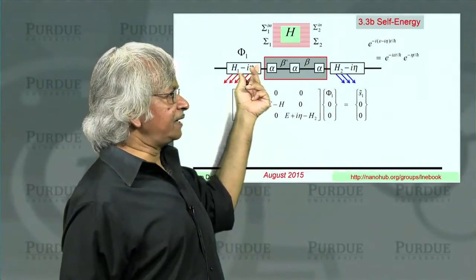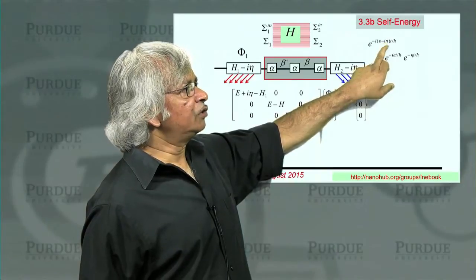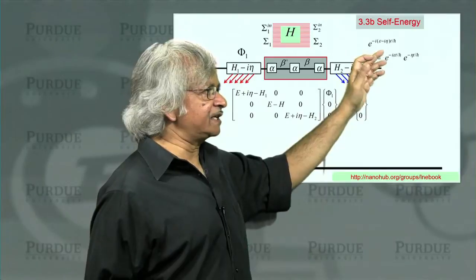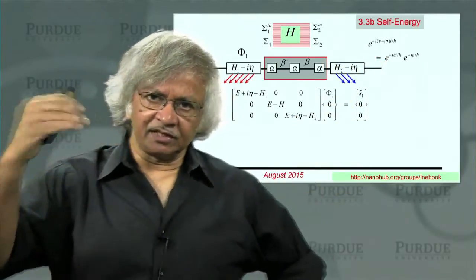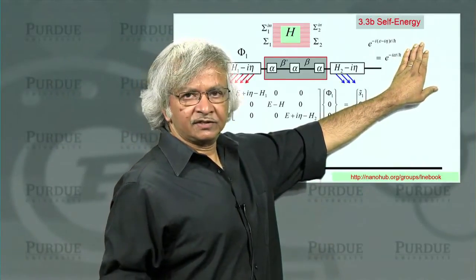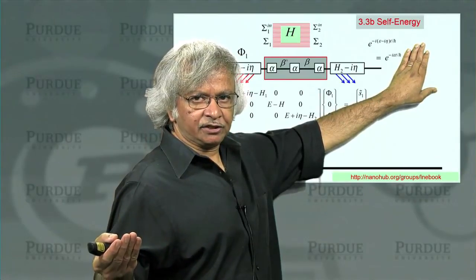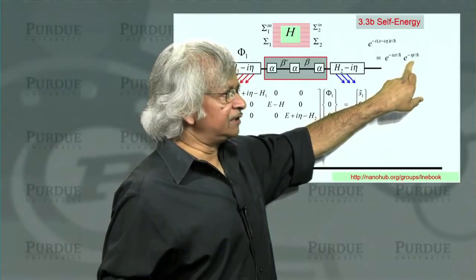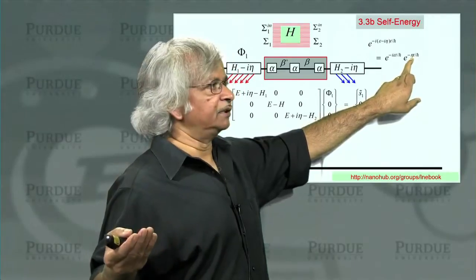But because of this minus i eta, you have this additional part, which gives this decaying part of the exponential. So usually if you put an electron in a state epsilon, it stays there forever, because the phase changes with time, but psi star psi does not change. But now we have this imaginary part which gives this decay. So if you wait long enough, the probability will become 0.